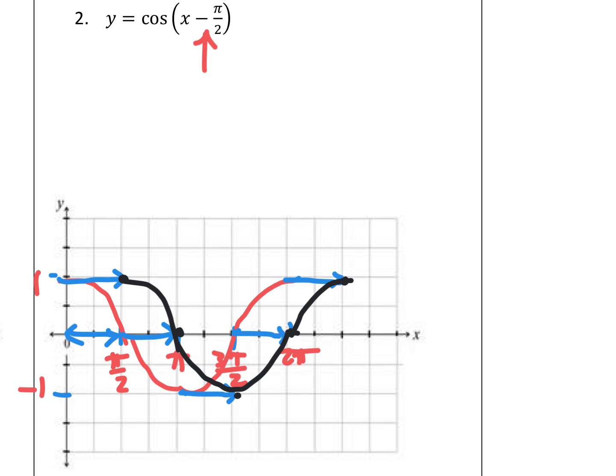Now, when I erase out the original, it is going to look a little confusing. If I connect this, I'm just going to add a little piece on right there to continue the pattern. And doesn't it look like sine now? It starts at 0. So kids get confused.